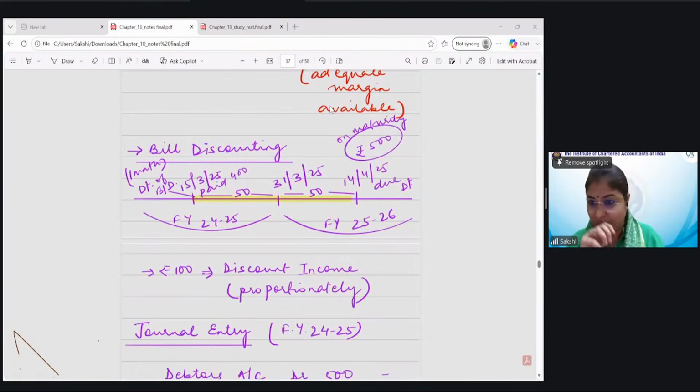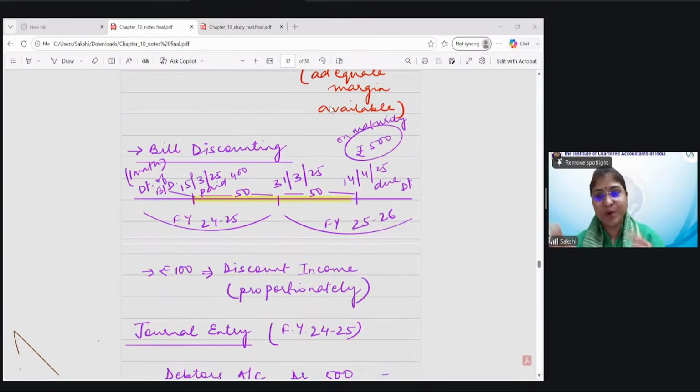Now, if you see properly, this 100 rupees, when is the financial year going to end? 31st March. And the due date was 14th April. So should I proportionately distribute this 100 rupees into 2 financial years, that is financial year 24-25 and financial year 25-26?